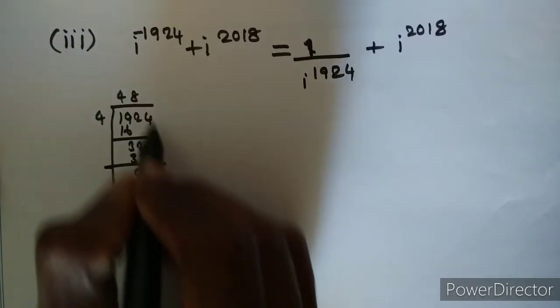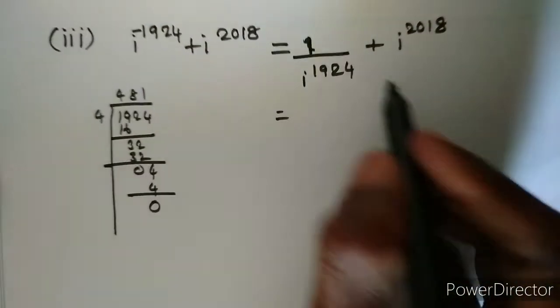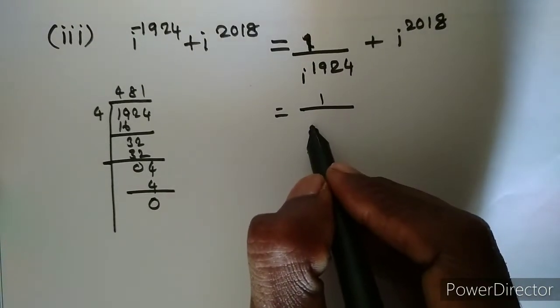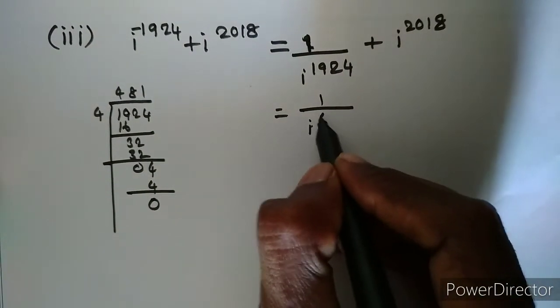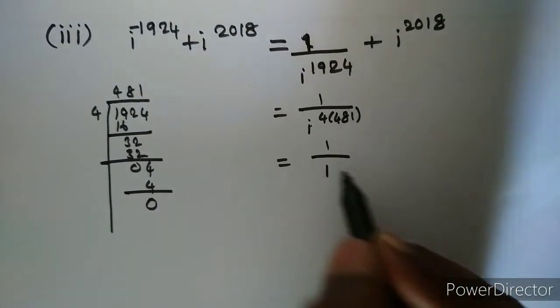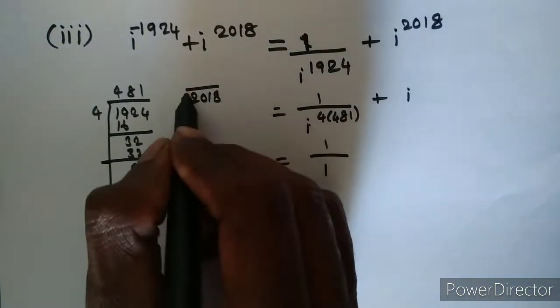So 1924 is divisible by 4: 4 into 481 is 1924. The remainder is 0. So 1 by i power 4 into 481, plus i power 2018.